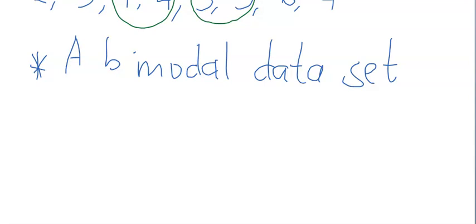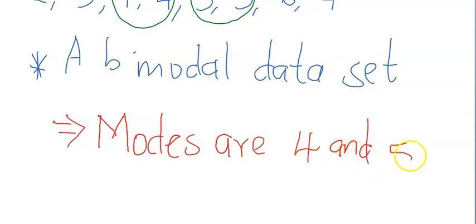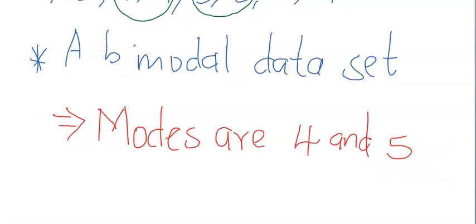And in this case, there are two modes. Our modes are 4 and 5. Yes. So those are the modes of the data set that we have just looked at.